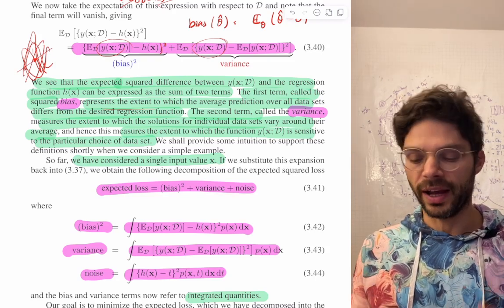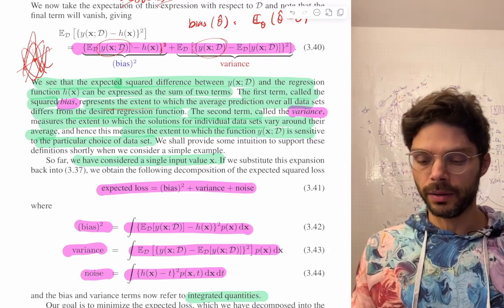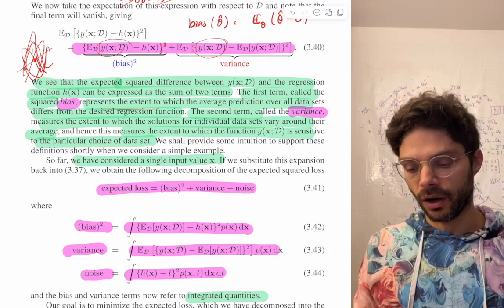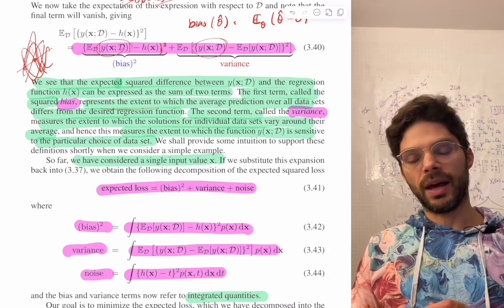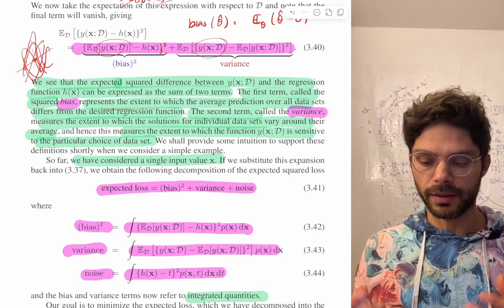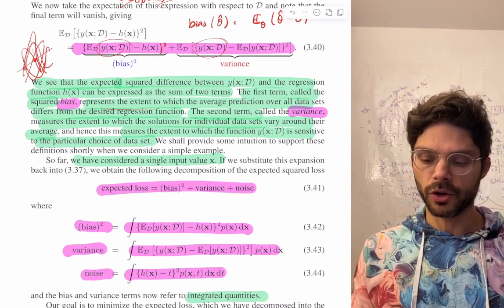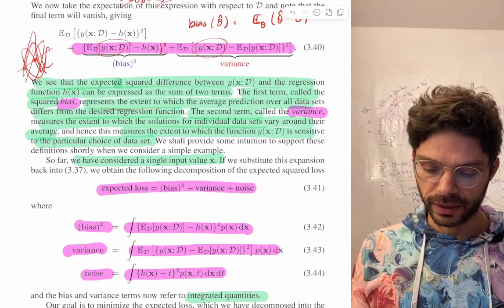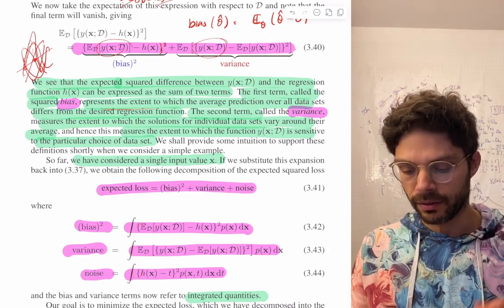So estimators that are too simple don't have much variance across data sets, because their predictions are all very similar, but they have a large bias. Whereas estimators that are very complex, very powerful, have zero bias. They'll be able to capture the data on average, but they'll have a lot of variance over data sets. It was important to keep in mind that all these averages are taken over data sets. That was a subtlety we needed to keep in mind.